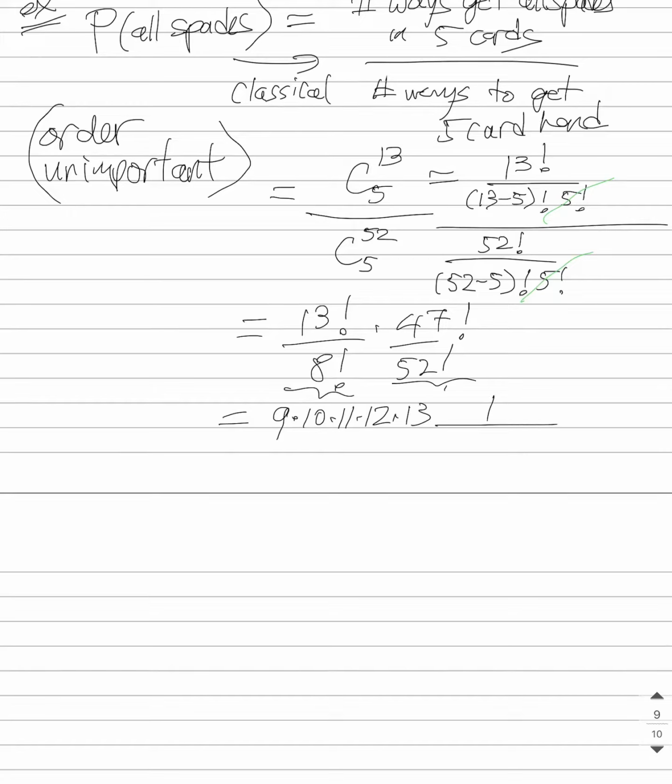This one is going to give me on the bottom 48 times 49 times 50 times 51 times 52. And that's going to end up giving me a really small number, about 0.0004952. So it's a very, very small chance that I'm going to get all spades in my hand. It's teeny tiny. So I didn't need to directly list all the ways that I could do this. I just needed to be able to count them.